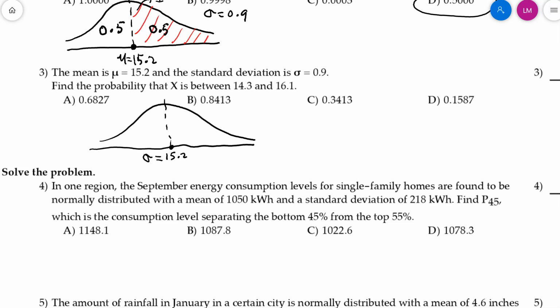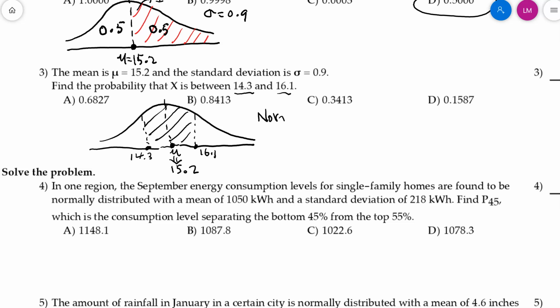So x between 14.3 and 16.1. 14.3 is to the left, and 16.1 to the right. Okay, so basically we'd like to find this area now. Okay, it's in between.